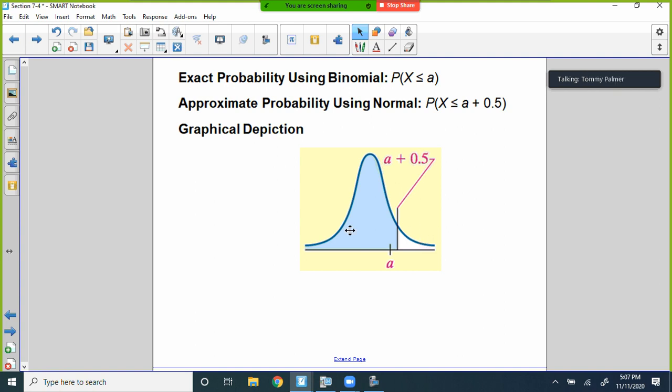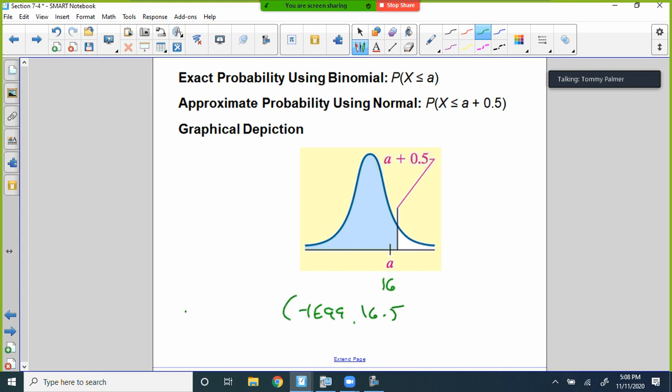Here's another graphical depiction of the probability of X less than or equal to A. Let's say X is 16. I wouldn't just pick 16. It would be from negative 1e99 up to 16 and a half, if you look at it from a normal cumulative distribution function.